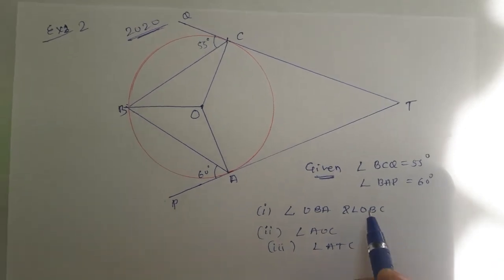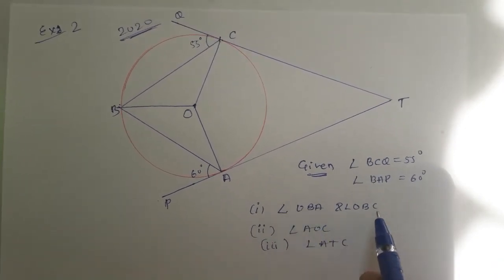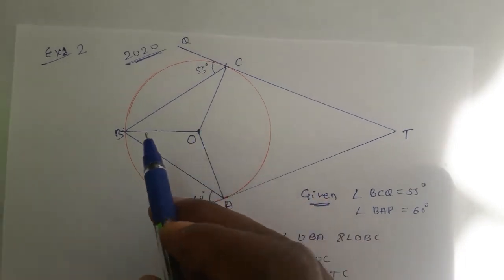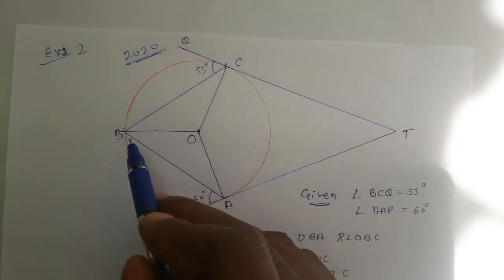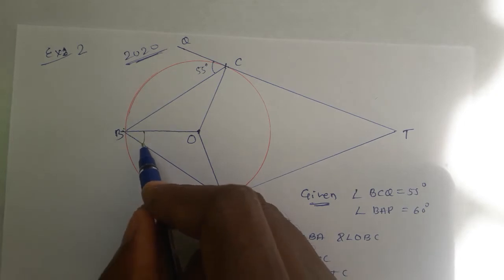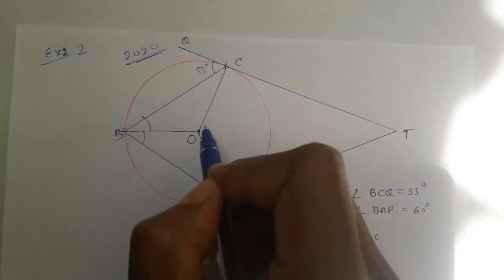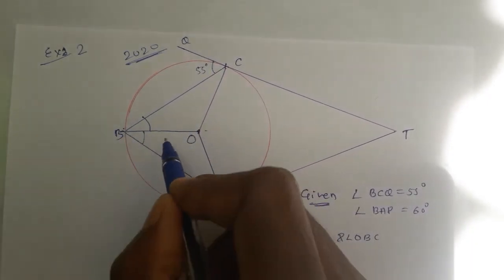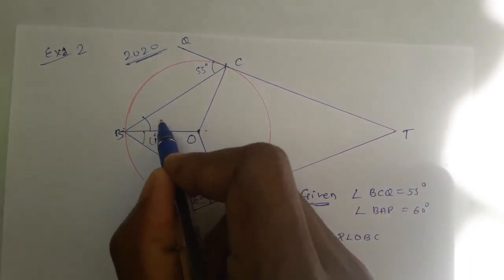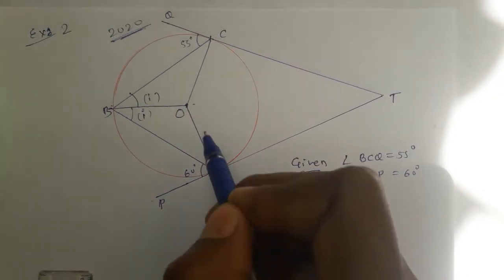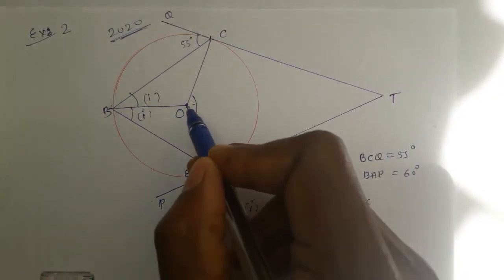So we'll start the problem by finding OBA and OBC. Where is OBA? This angle is first, and OBC, so these two they have asked. This is your first question. Second, AOC, this AOC down.